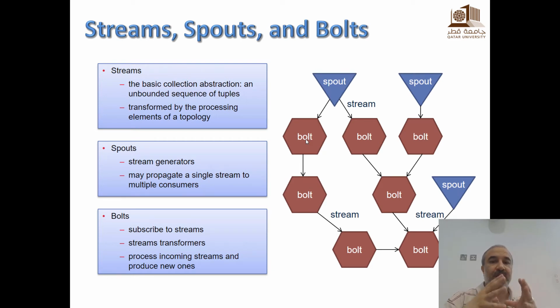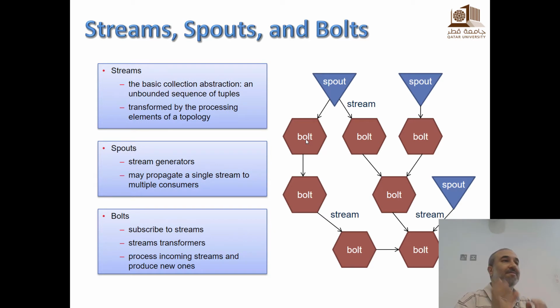But remember, as you will see, the function that we will actually implement in a bolt is taking one tuple. It's like the map function in MapReduce, right? It takes one input, one input pair.